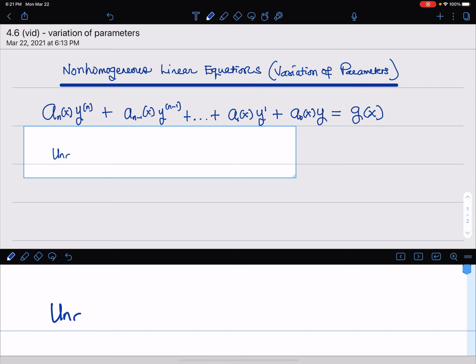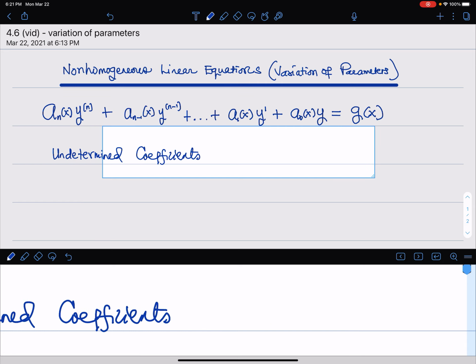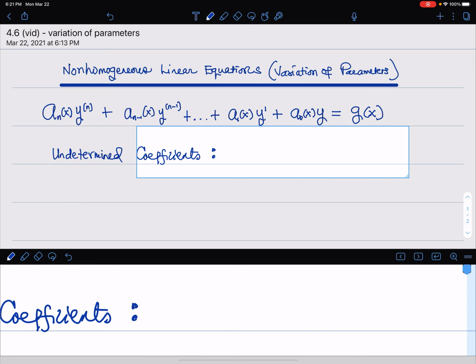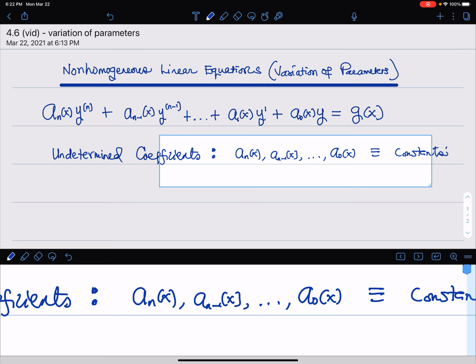So if you remember, for undetermined coefficients, we looked at the case where all our a's, an of x, an minus 1 of x, and so forth, all the way to a0 of x, are all constants.